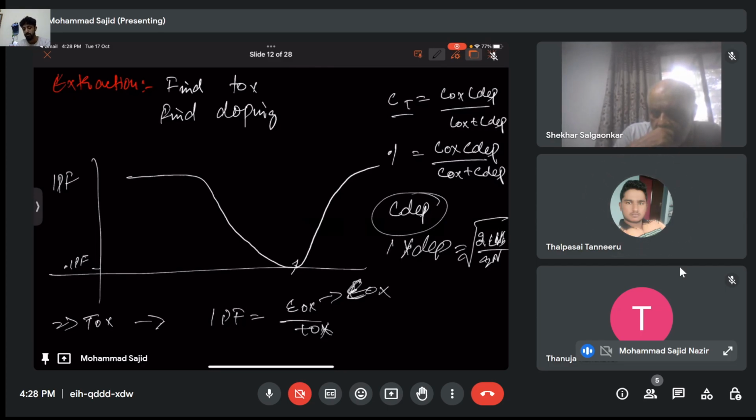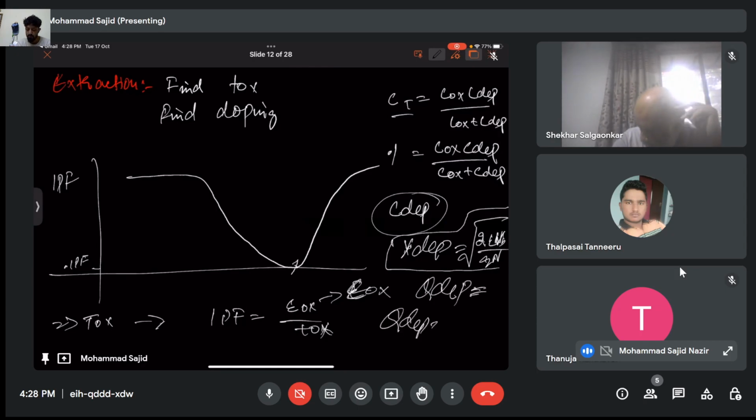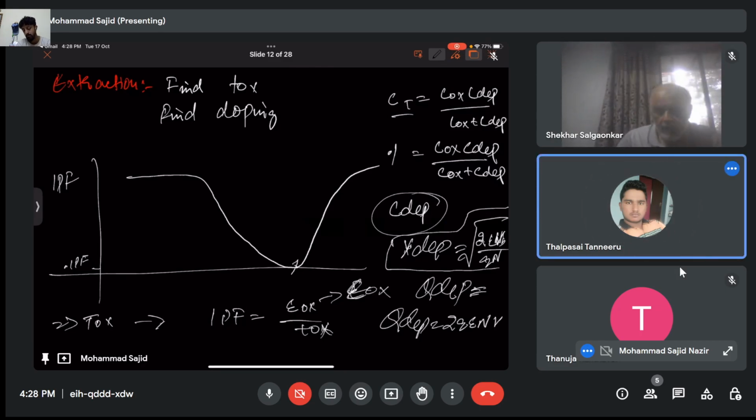From this formula, you can calculate the Q depth, the depletion charge. Depletion charge, as far as I remember, is 2Q epsilon n into W, or 2Q psi s. I have to check.